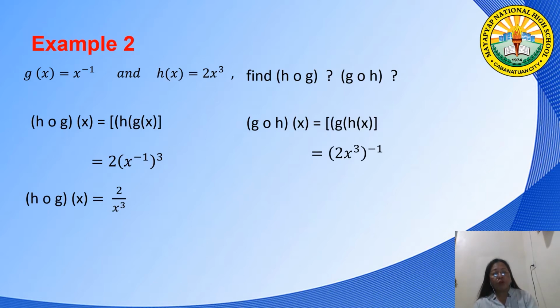Again, from the law of exponents, the exponent is negative, so you are going to put it in the denominator so that g composed of h of x equals 1 over 2x to the third power. So that's the end of operations of functions.